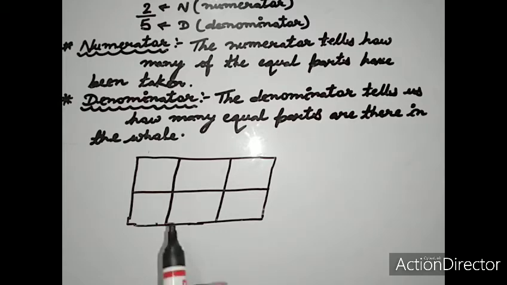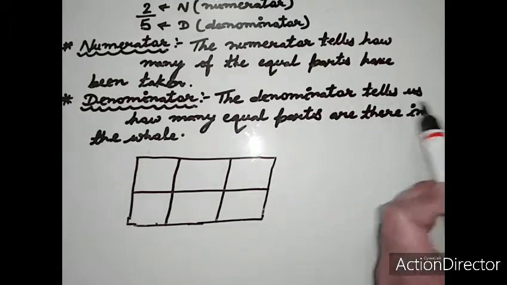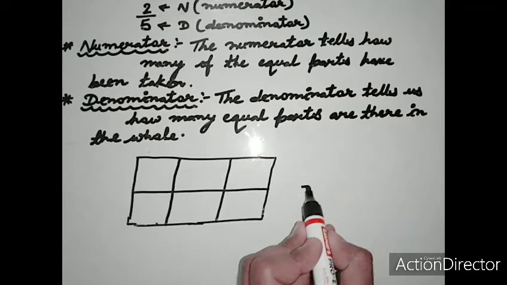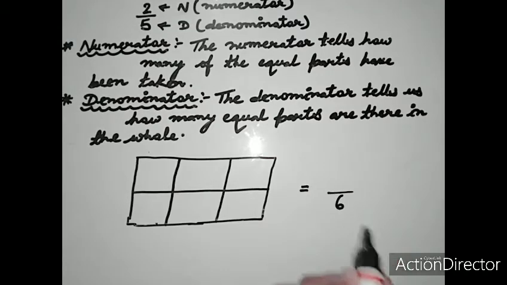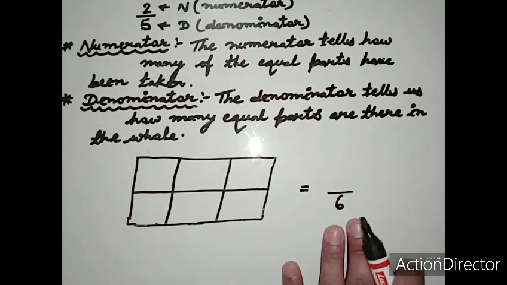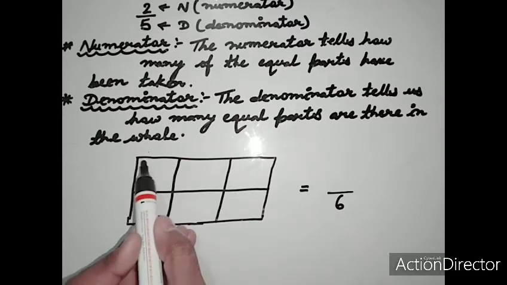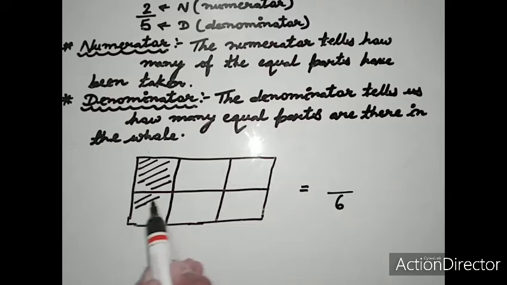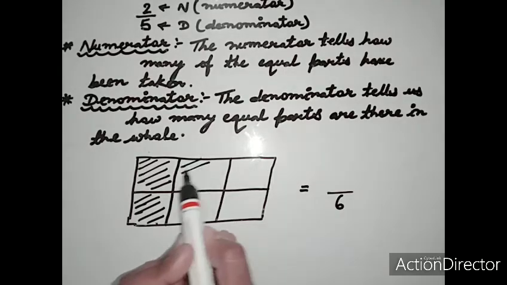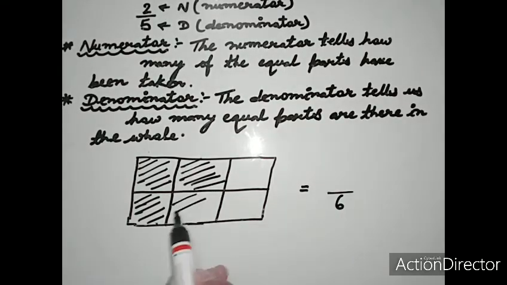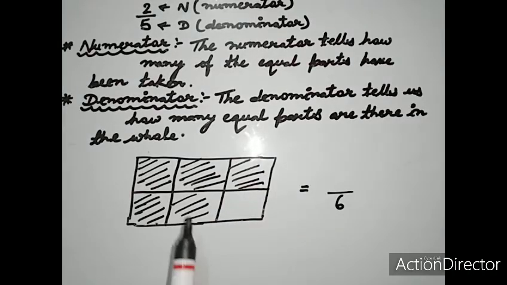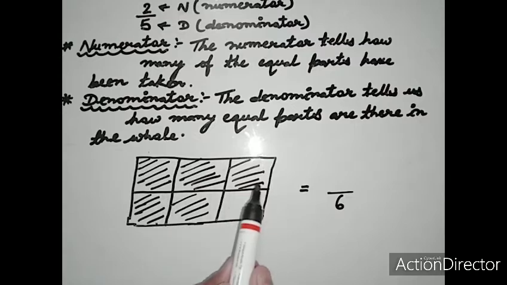There are total 6 equal parts. You all know that the denominator tells us how many equal parts are there in the whole. So in the denominator here we write 6. And if we take 1, 2, 3, 4 and 5, here we take total 5 equal parts.